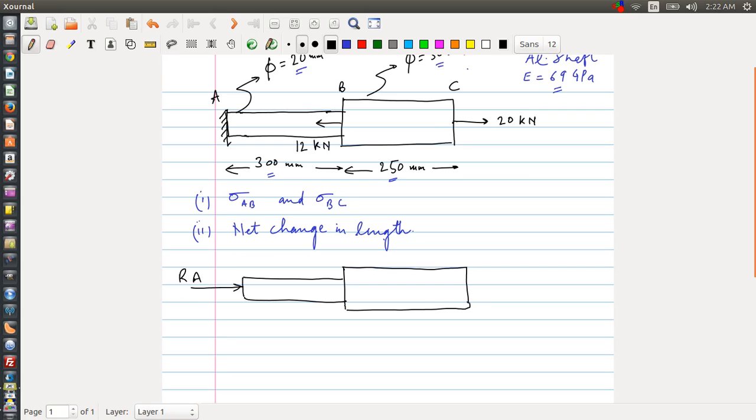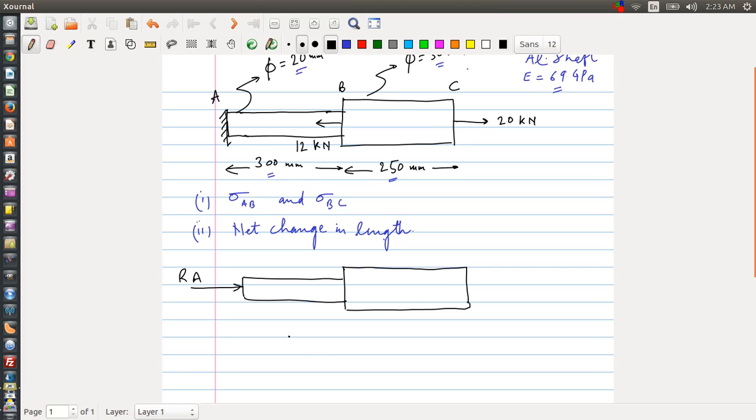We can appreciate this thing: the external forces which are applied are all in horizontal directions. So the reaction which is produced at A is going to be in the horizontal direction. There is no vertical reaction produced, although this support is capable of giving vertical reaction and reaction moments, but there is no action of these two, neither in vertical direction nor is a moment produced.